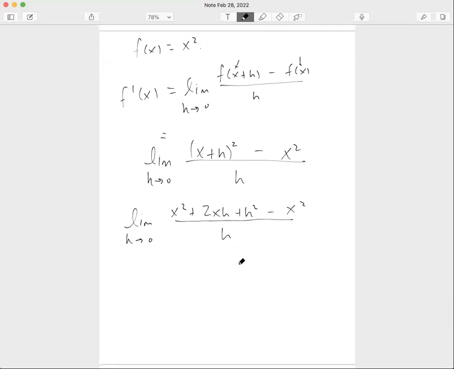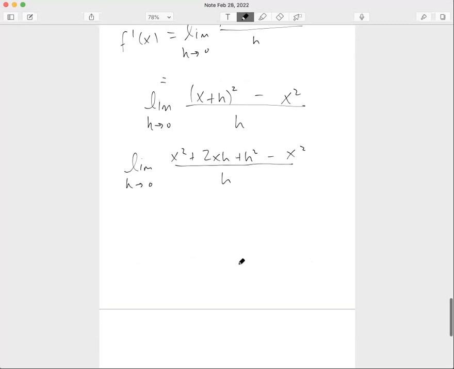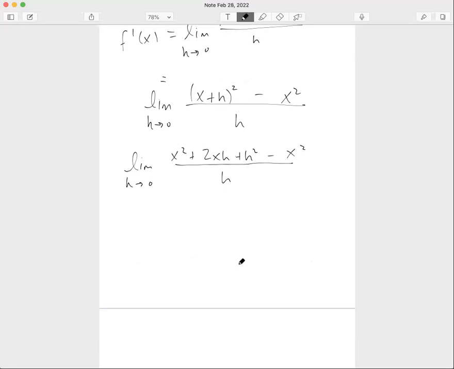Okay, so how can we simplify this? First, if I get rid of the x squared terms, now I can work on the denominator h. So let's write that out.